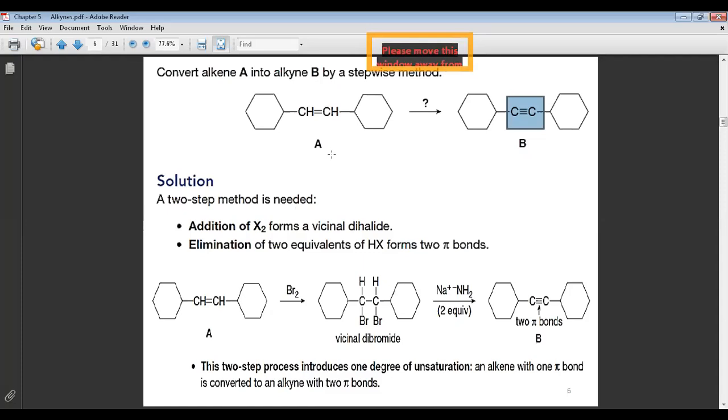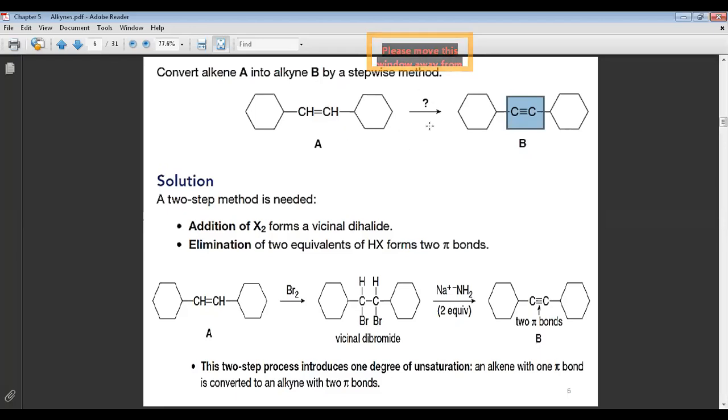That means we add a halogen on the double bond, give you Br, and then elimination gives you the triple bond.